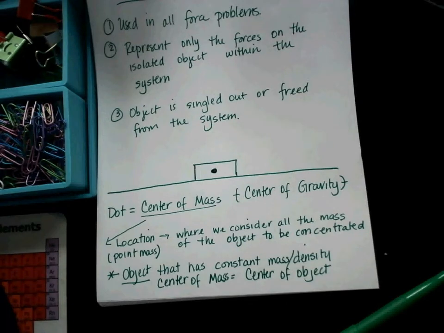Then you can have weird things, like my eagle that can balance on that little tiny tip, because its center of mass is not located at the center of its body. We're not going to worry about that right now, but we will later on. But do you see the difference in how this book balances? This doesn't necessarily have to be up here, but I do the same thing here. And the bird balances.